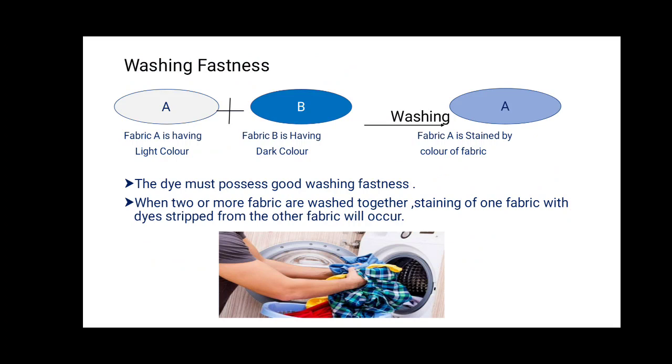There is a fabric A and another fabric B. The dye must possess good washing fastness when two or more fabrics are washed together. Staining of one fabric with dye stripped from the other fabric will occur.